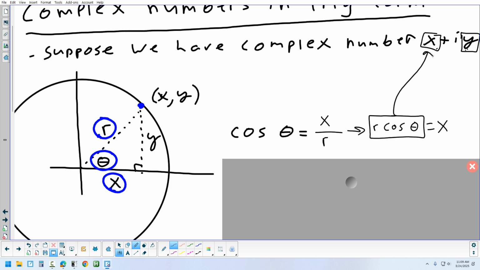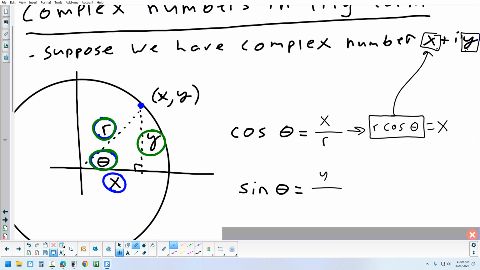Now we're going to do the same thing for y. I want you to use that, that, and that. What trig function could I use that would relate sides y and r? Could use sine. Okay.